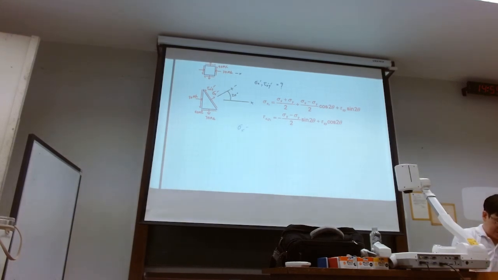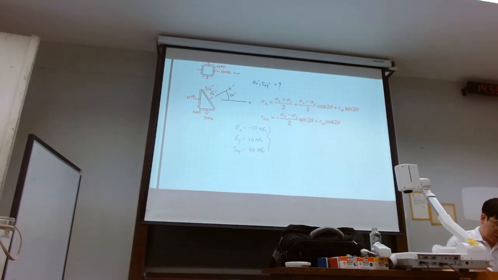your sigma x is negative 30 MPa, sigma y is positive 30 MPa, tau xy is positive 40 MPa. Those are things that you should be able to list first. Once you make the list, the rest is quite straightforward.